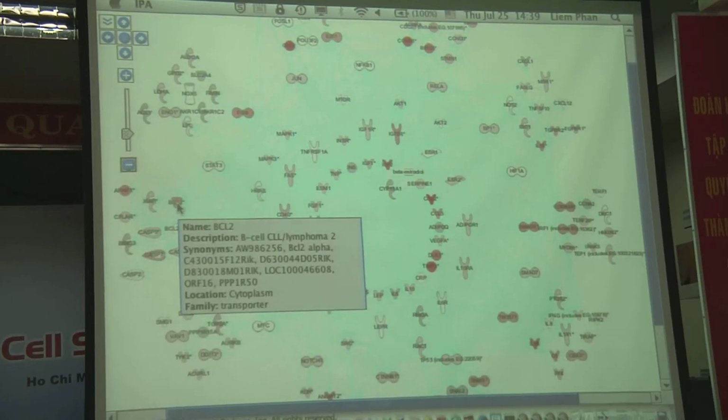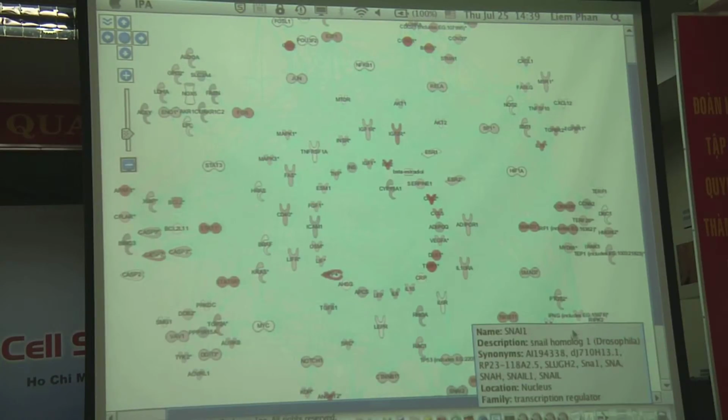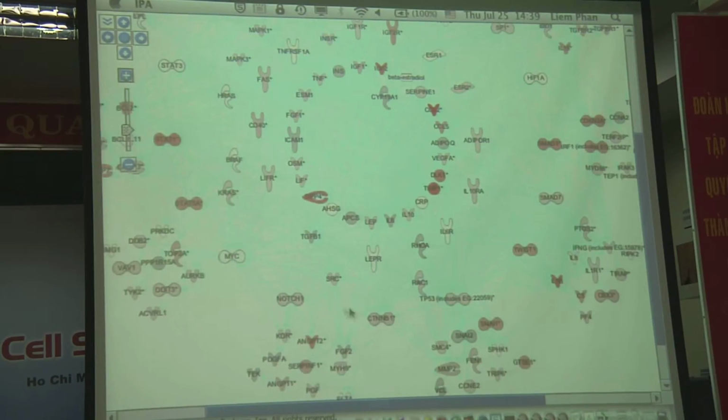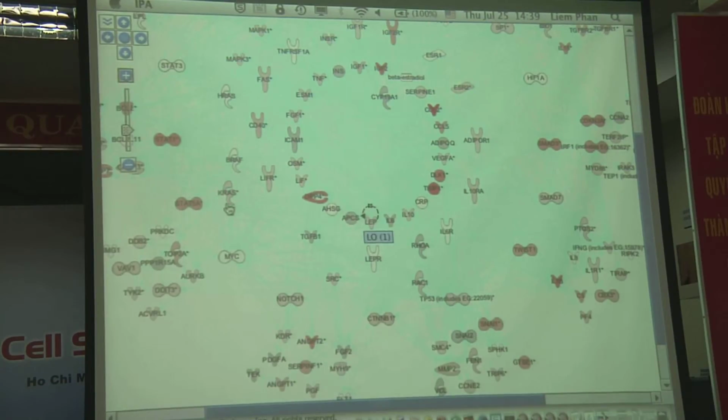For example, here the BCL2, caspase 7, SMAD3, etc. And SNAIL, which is for EMT, epithelial mesenchymal transition, or Wnt signaling, notch signaling, SERPIN1. So you can see KRAS as well.